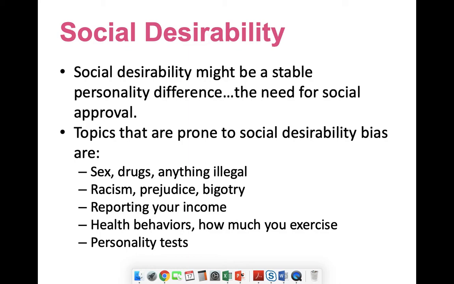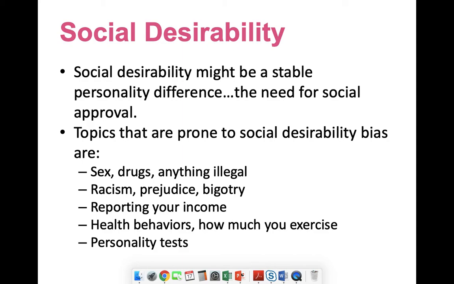Racial attitudes, wealth, being healthy, engaging in exercise, even personality tests, that there's certain personality features like being conscientious, which are socially approved. So in answering survey questions about topics that have a social desirability element to them, you need to be on the lookout for people giving answers and answering in a way in which they are self-enhancing.